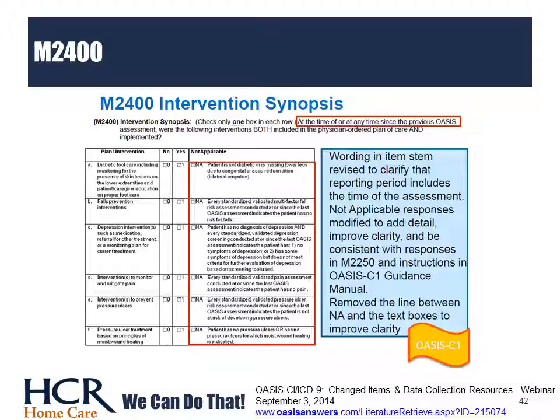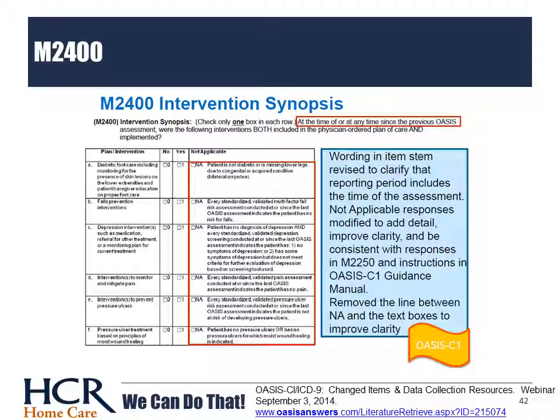So again, this question is still looking at the time of or since the previous OASIS assessment for any of those items like diabetic foot care, falls prevention, pressure ulcer interventions. Did we have orders to treat, and was treatment implemented?